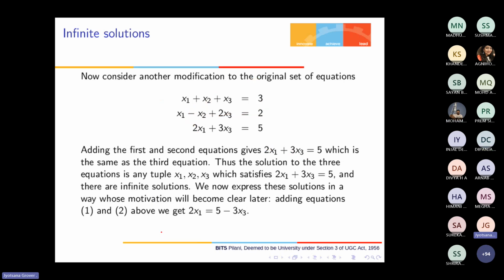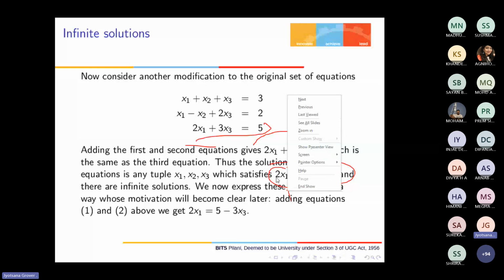Now 2x1 plus 3x3 is equal to 5, which is the same as the third equation. The solution to these three equations should satisfy 2x1 plus 3x3 is equal to 5. Now there are infinitely many solutions. Why? Because there are infinite values of x1 and x3 that will satisfy this.